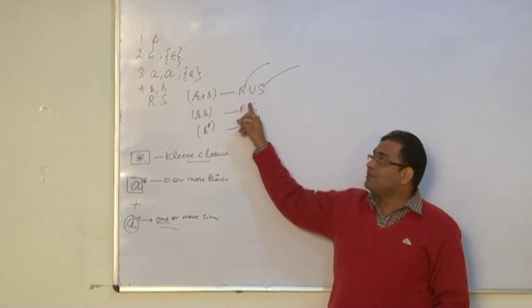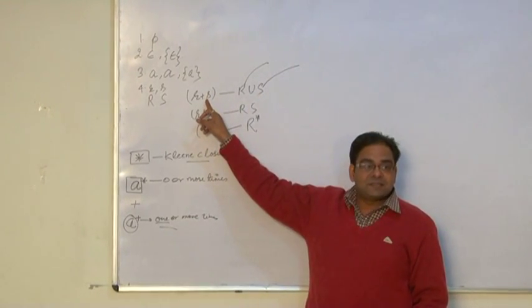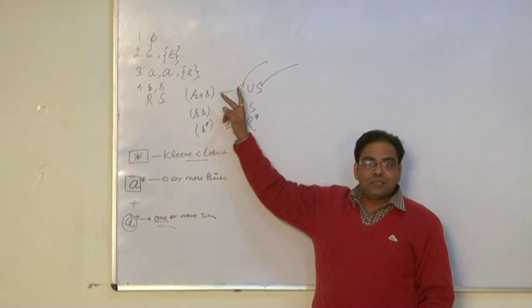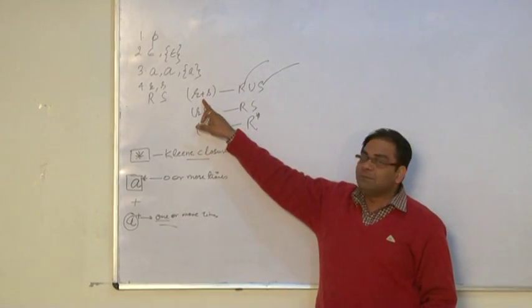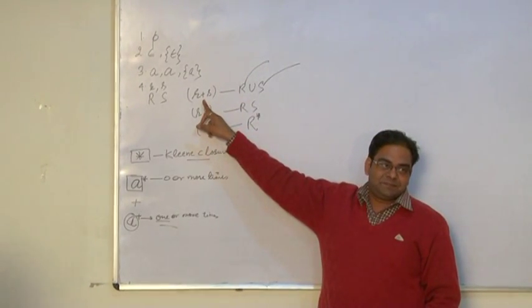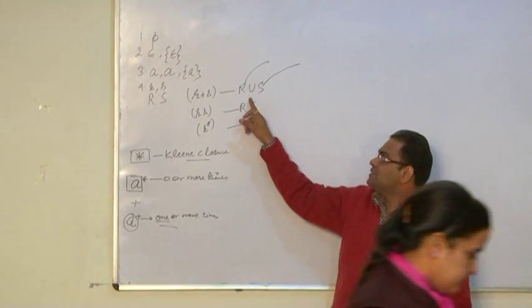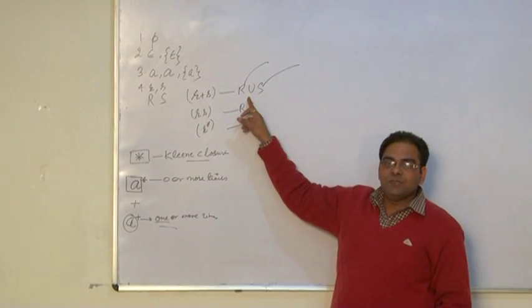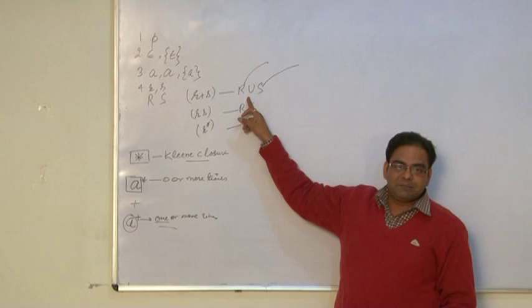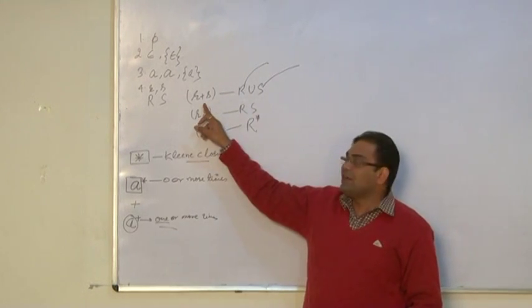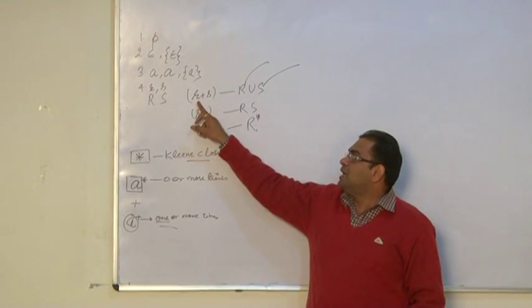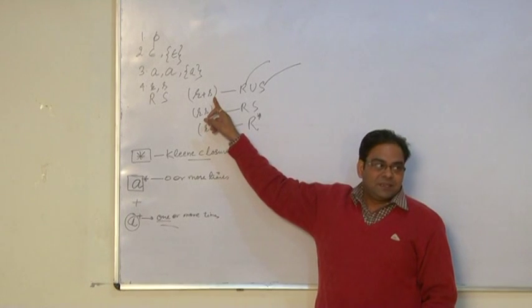Similarly, this language is represented by this regular expression, and union is represented by the symbol plus. In set theory, we use the union symbol, but in regular expressions, we use R plus S.